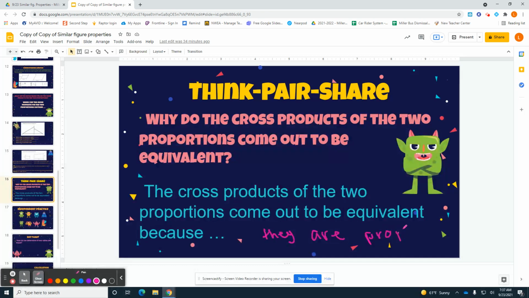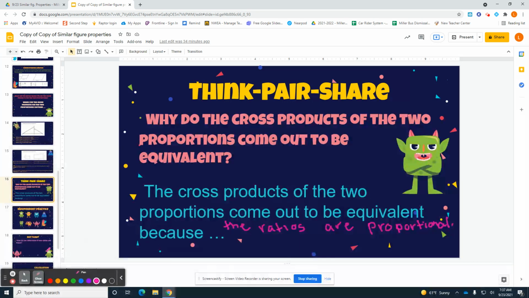They come out to be equivalent because the ratios are proportional. Let me write that. Remember, you have to write the whole sentence stem and then finish it off.